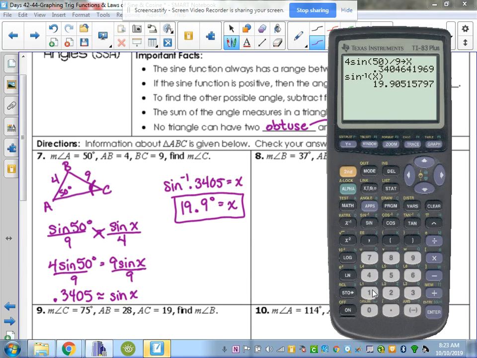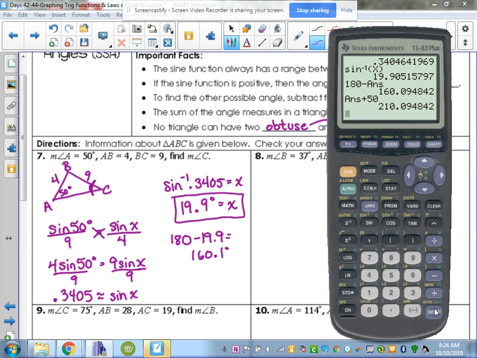Now we've got to check and see if another solution is possible. So once we find that one, we subtract that from 180. 180 minus 19.9 is 160.1 degrees. Is that going to work in this triangle? No, it's not going to work, because our other angle that we know of right now is 50.